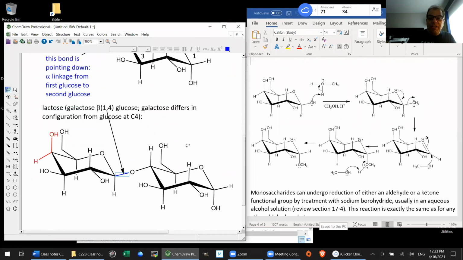Not all disaccharides have 1,4 linkages. They could just as easily be 1,2 or 1,3 or 1,6, I guess, since the oxygen on carbon 5 is taken up in forming the hemiacetal. So they don't have to be 1,4 linkages. But nonetheless, there's another example of a disaccharide.